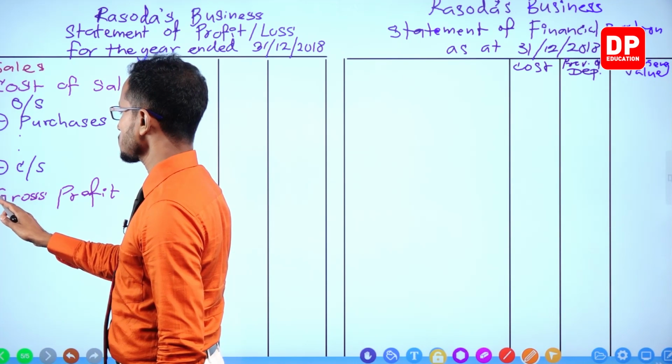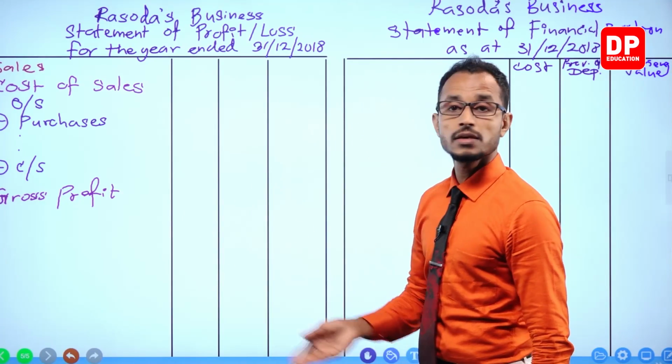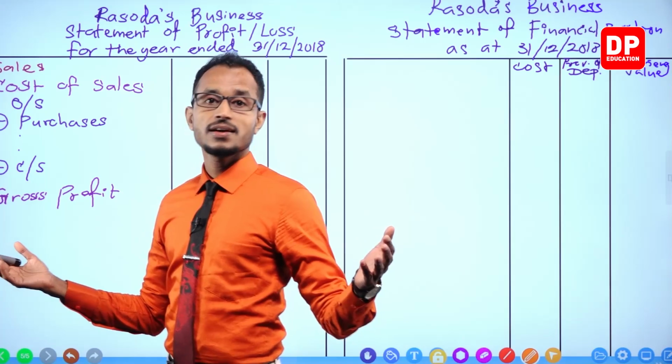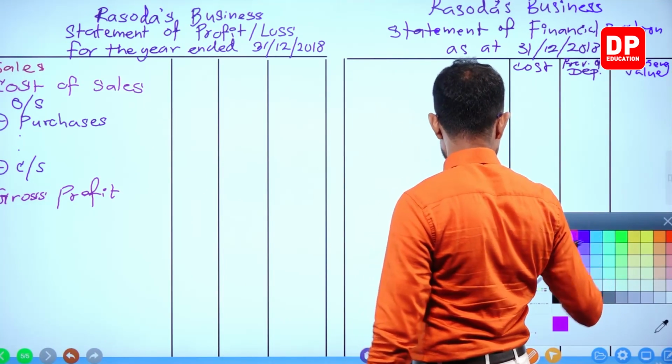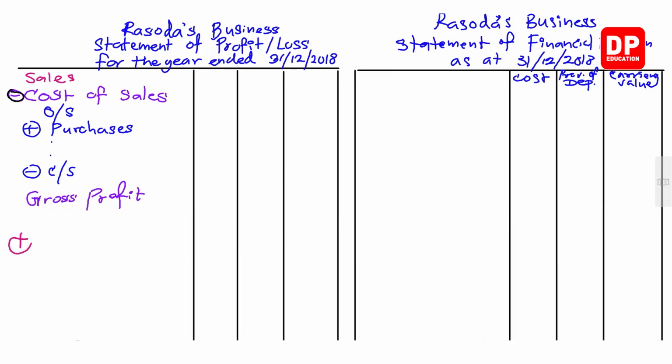Can you see the gross profit? Can't see it because we didn't calculate it yet. Then you should add other incomes. Leave at least 2 lines for other incomes.